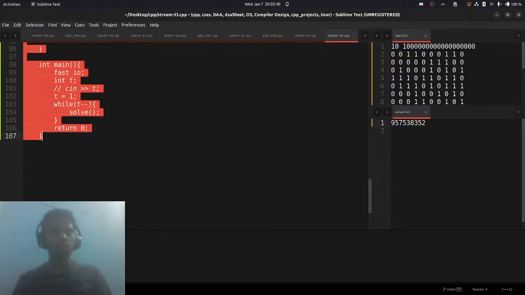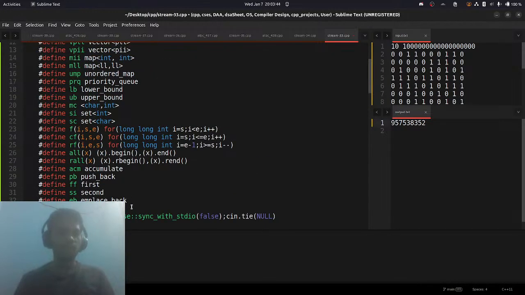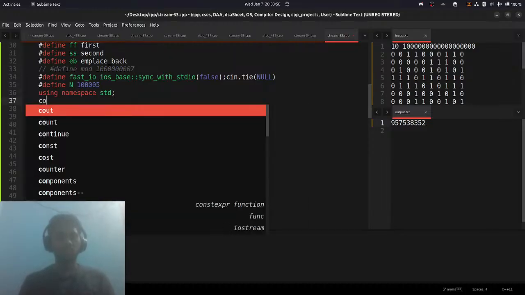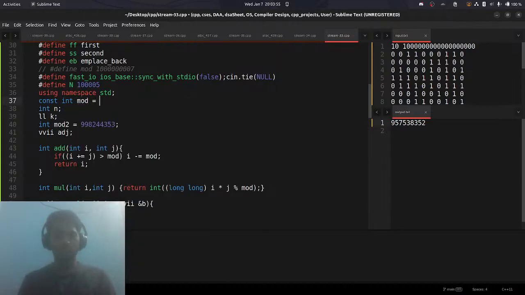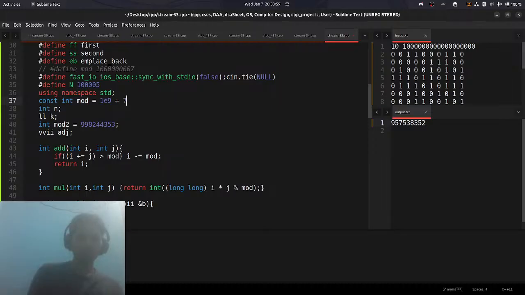Maybe it's the mod itself, I don't know, but for every other question it has worked correctly. So I'm not sure if it is because of this. See?